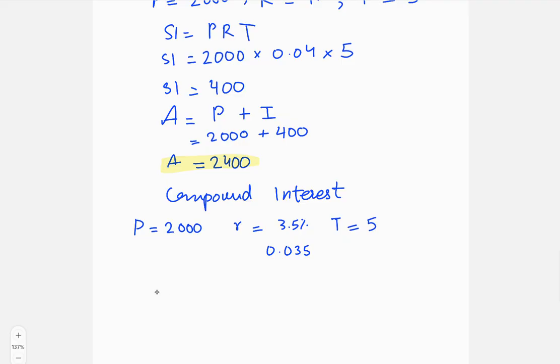So we know that we have a direct formula for amount here, which is principal times 1 plus rate with an exponent of time. The principal is 2000. 1 plus rate means 1 plus 0.035. So I'm directly writing 1.035 raised to the power 5. Now put the whole thing on calculator.